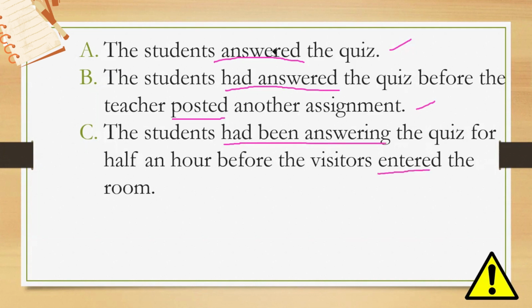So as much as possible, do not mix your tenses, because when you mix your tenses, it will create confusion among your readers. So if not necessary, make sure to use one tense at a time. If it's past tense, then past tense. If not necessary, do not switch your tense of the verb.